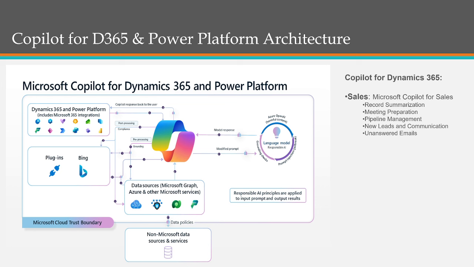See, this is sales, which is part of the Dynamics 365 CRM. We can ask the Copilot to summarize the records and help with meeting preparation. If a salesperson is going for a sales presentation for one of the clients, they can say, hey, summarize the last activities, the top activities.